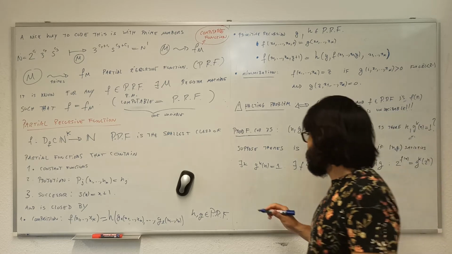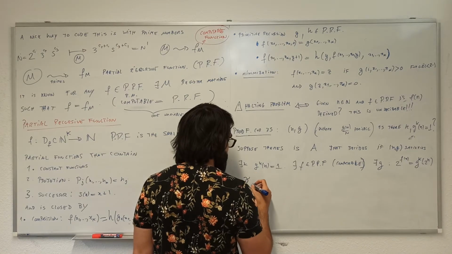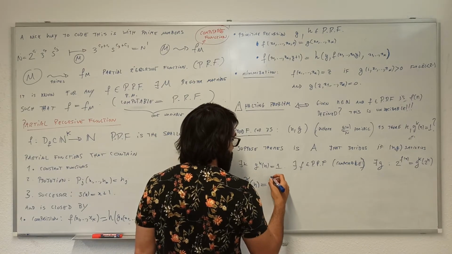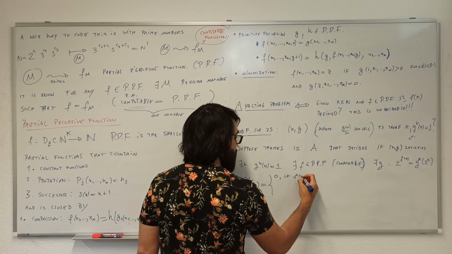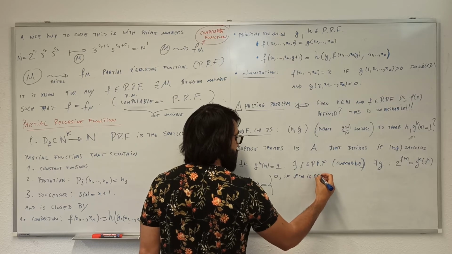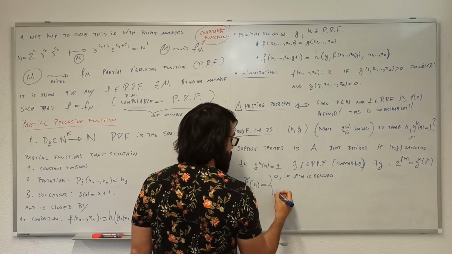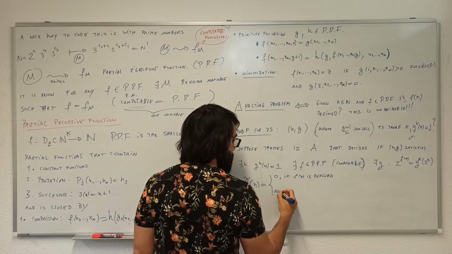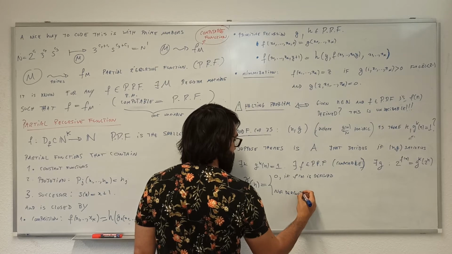For instance, I could just define this f tilde function of n, which will be 0 if f(n) is defined, and not defined otherwise.